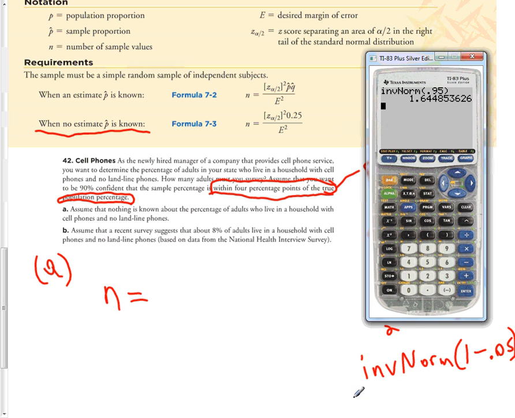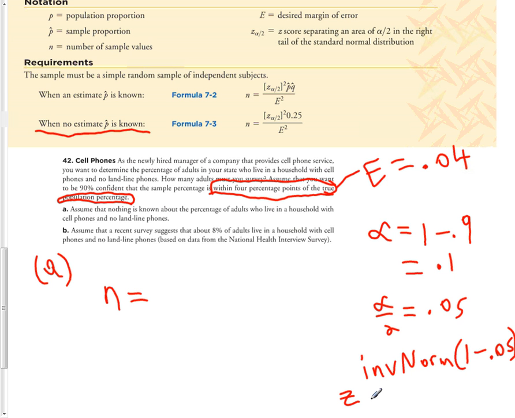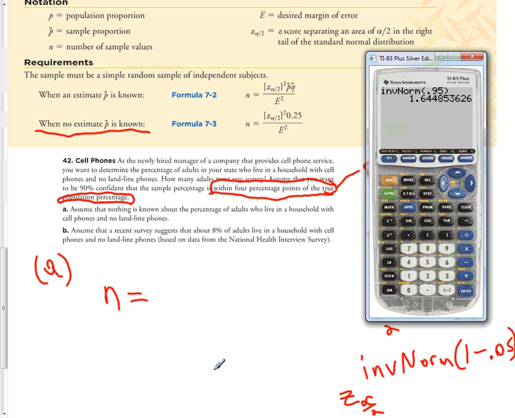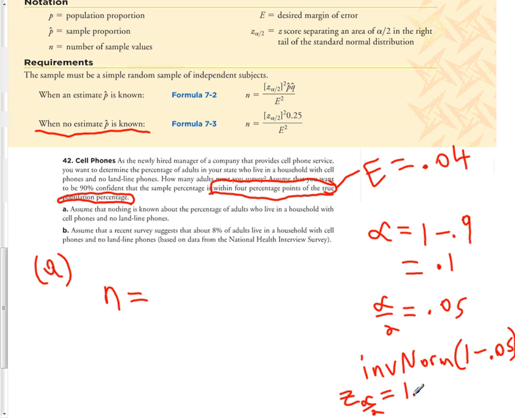So the z of alpha over 2 is actually equal to 1.64. So now we have everything we need to plug into our formula to find n.